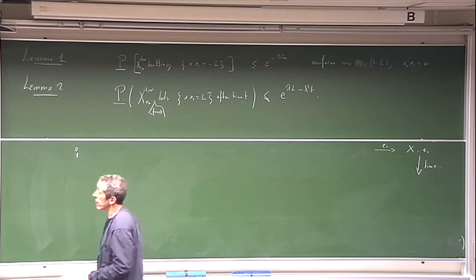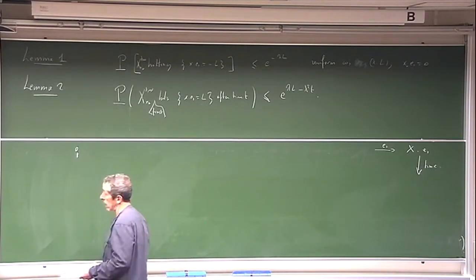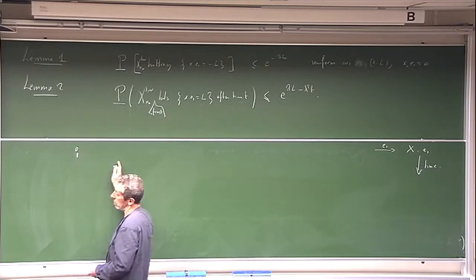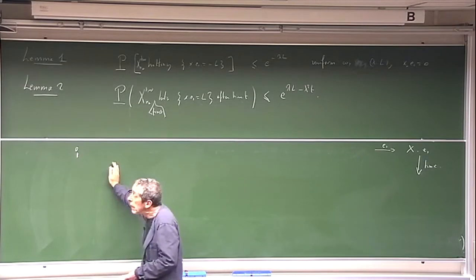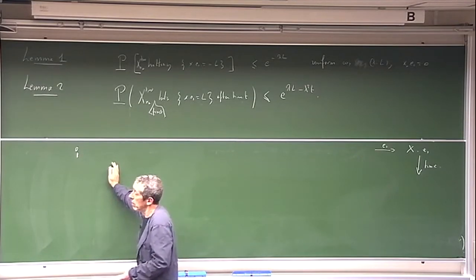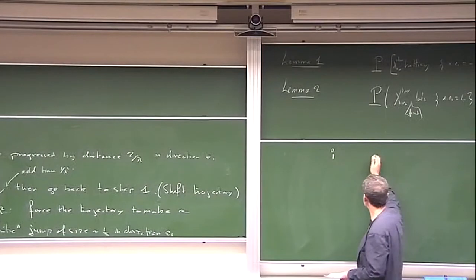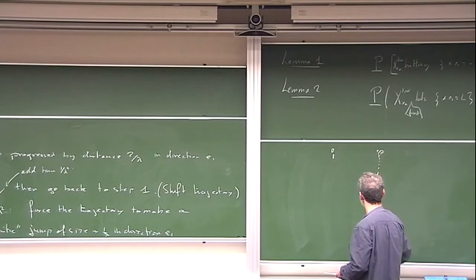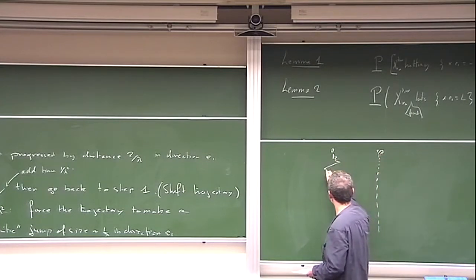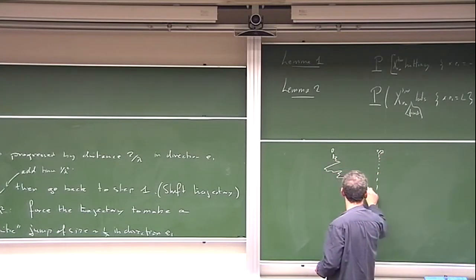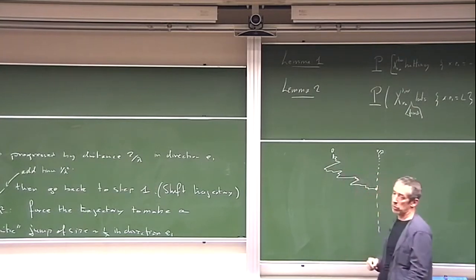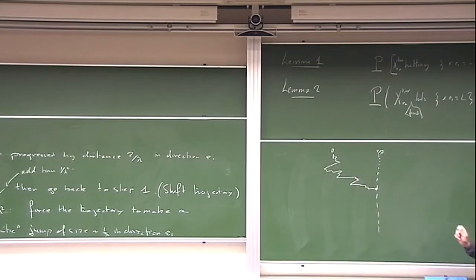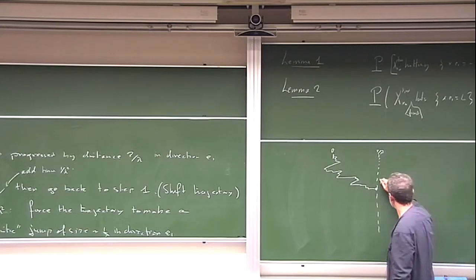You have to wait until you increase the distance by 2 over lambda. So you look at where is 2 over lambda. That defines a hyperplane like this. And then you have your trajectory, and you just wait until you get to that point. So that is the time n lambda.